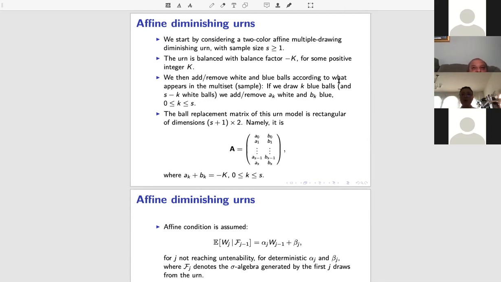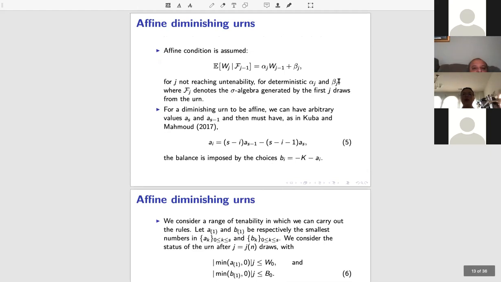It's not necessarily that all the replacement entries in this matrix are negative, but we need a negative constant row sum for each row.